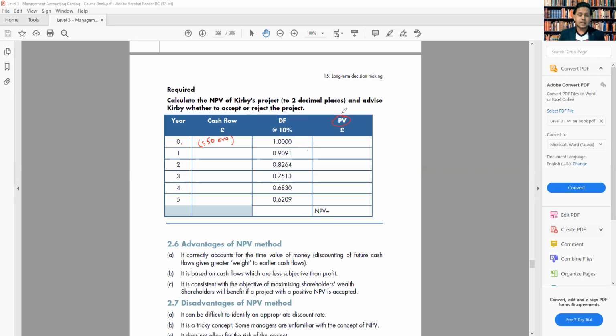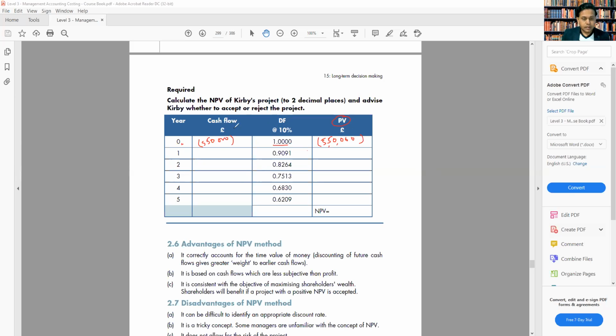So if I said I have 500 pounds today in my hand, how much is the value today? You will tell me 500. So when I'm in year 0, I have to multiply by 1, because the value of any money today should be the same value. So I'll multiply by 1 and that will give me the value 550,000, still on the minus.